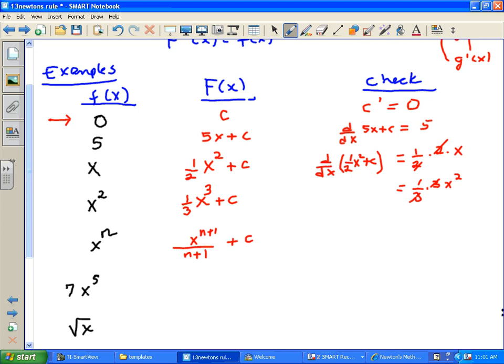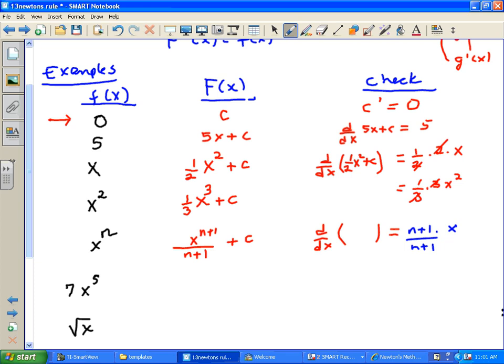And let's check it. What would be the derivative of that quantity? Actually, remember, only x is the variable here. N is the number, okay? So bring the power down, right? If you bring the power down, n plus 1 comes down, and subtract 1 from the power. What would you have if you subtract 1 from the power?